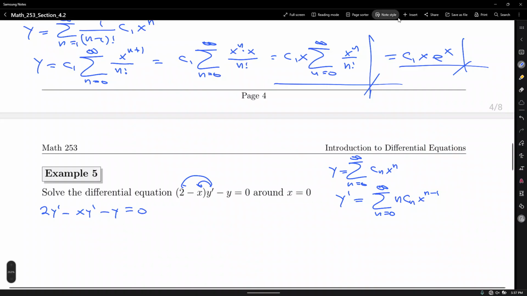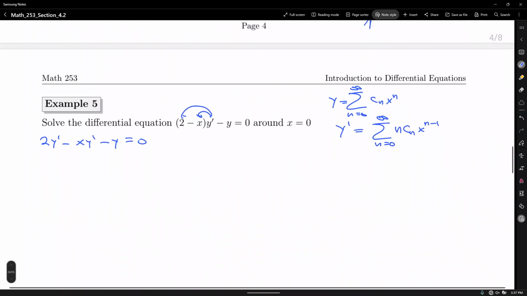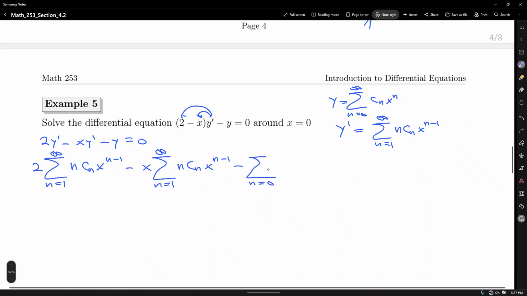Okay? And let's just substitute the series and its derivative. So that is 2 times the sum from n equals 0 to, oh wait, n equals 1, I forgot to do n equals 1 to infinity of n c sub n x to the n minus 1, minus x times the sum from n equals 1 to infinity of n c sub n x to the n minus 1, minus the original series.